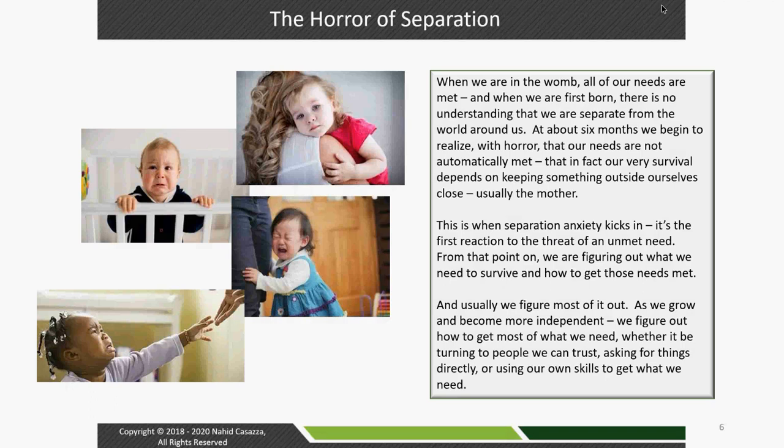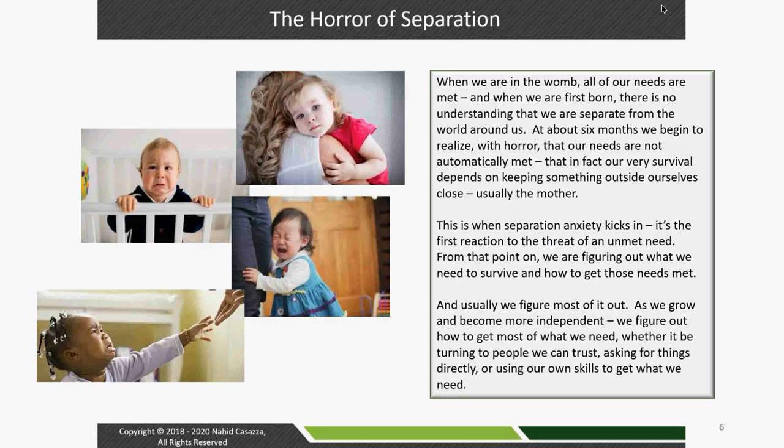We start realizing that our very survival depends on us keeping someone outside ourselves close, usually the mother. And we don't have control over that. So that's when you see the horror that these young children feel when they lose their mothers, when they feel that threat of separation. It's that threat that their very survival is at stake.